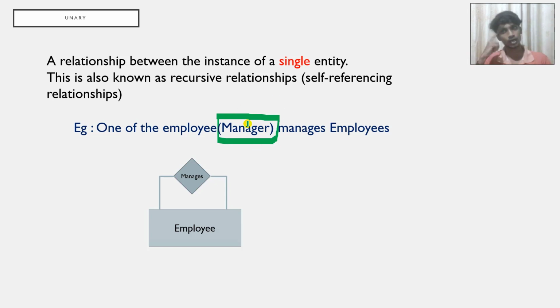We have to imagine that scenario depending on the context. So that is basically unary relationships: a self-referencing entity or self-referencing relationship type.